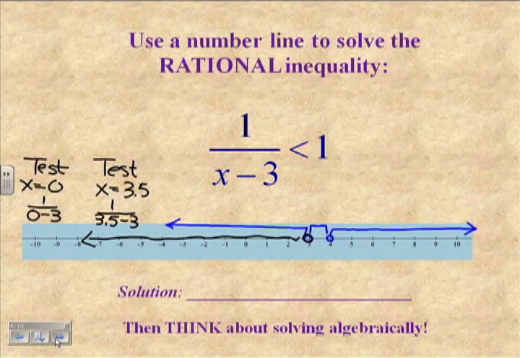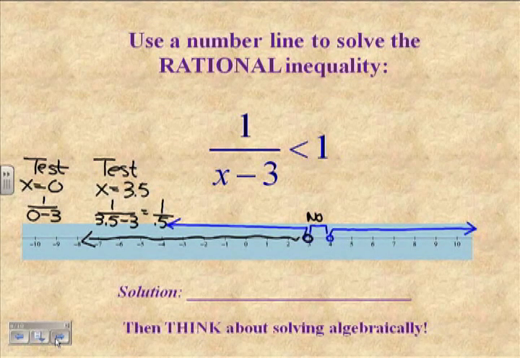That's 1 divided by 0.5. Do you know what 1 divided by 0.5 is? It's 2. Is 2 less than 1? Ooh. So we do not want this section.